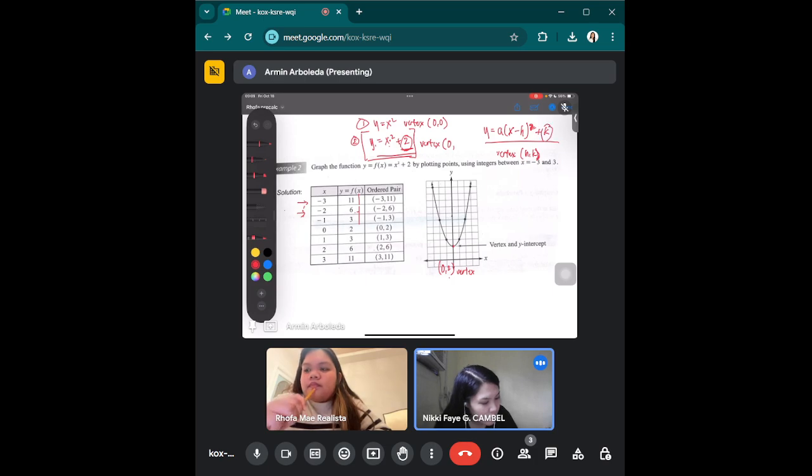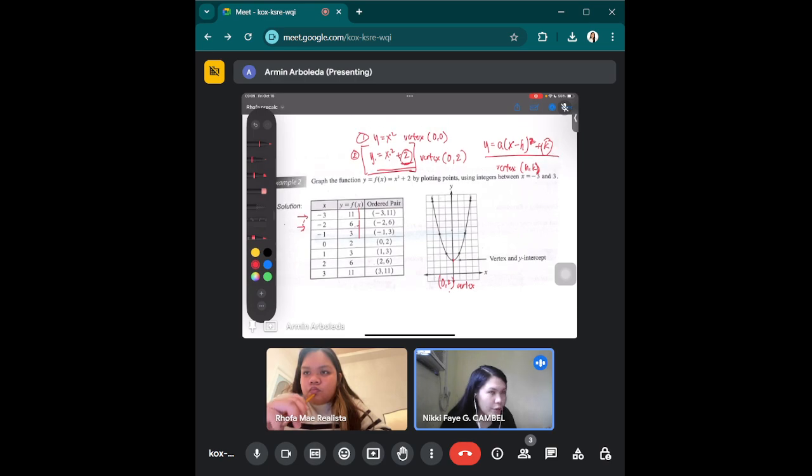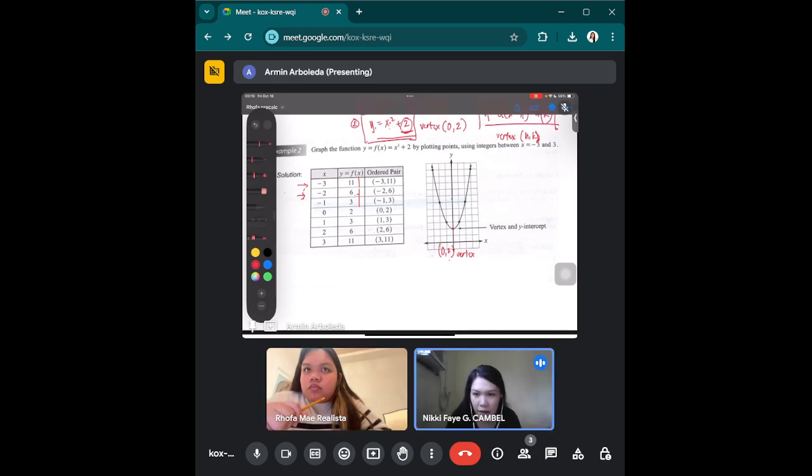So that's why the vertex is 0, 2. There are gonna be more examples later on. If you're given an equation, you will know how to identify the vertex just by remembering this standard form.